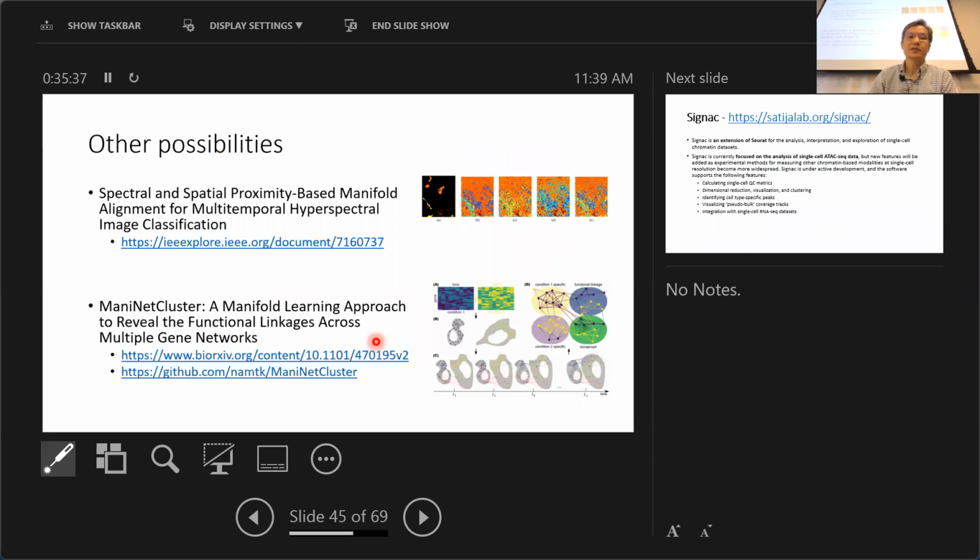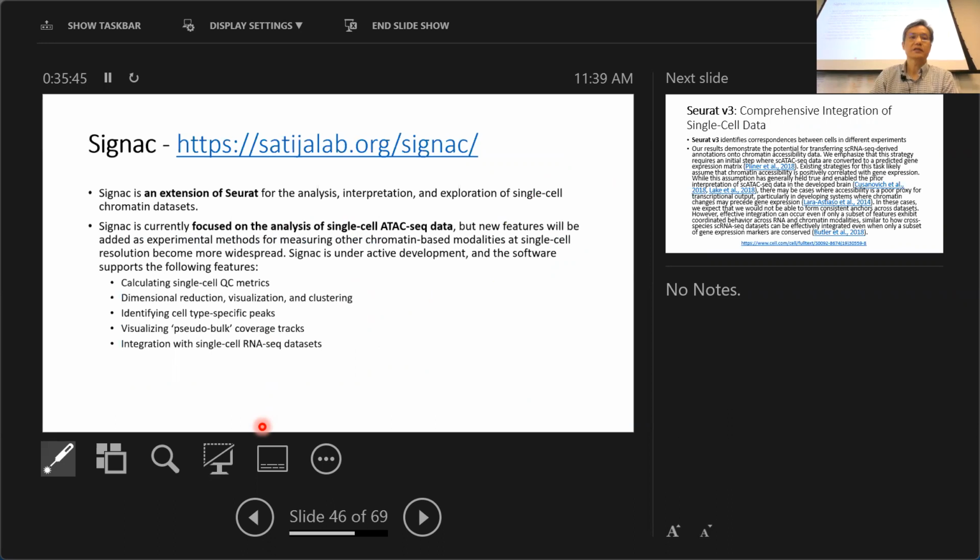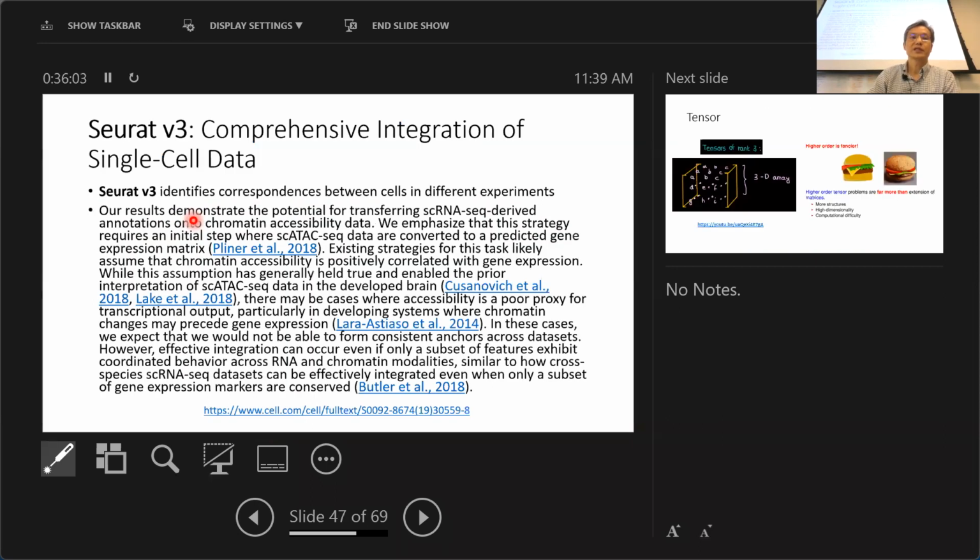There are other possibilities, and I shared some of those paper links. And the Seurat package at that time had an extension of those analyses that we can apply to single cell chromatin datasets. That was Seurat 3. And I believe today they announced Seurat version 5.